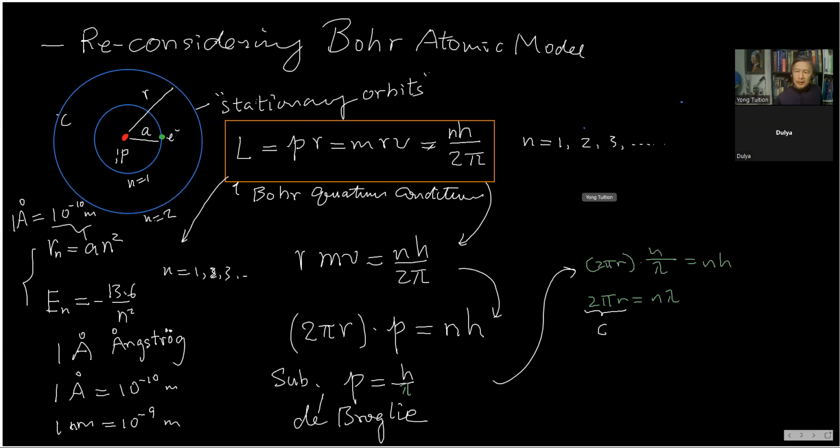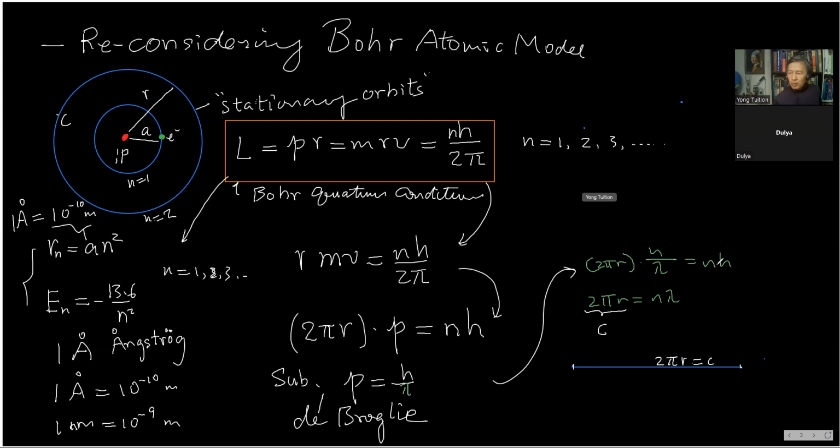It's hard to draw a circle, so if I just redraw this circumference as a blue line, can you see? This is C, you agree? So this represents the C. So this is 2 pi r. Circumference equal to n wavelengths. So what does that mean?